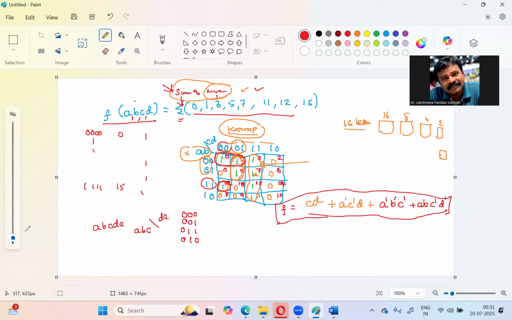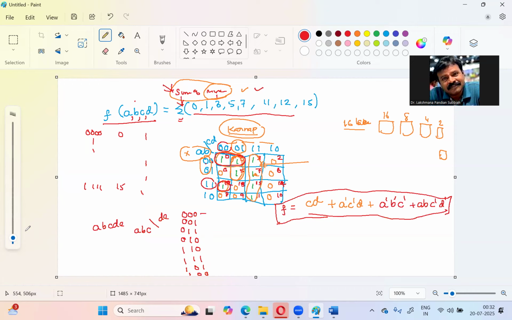Then you have to fill the rest in reverse order: 1 1 0, 1 1 1, 1 0 1, 1 0 0.